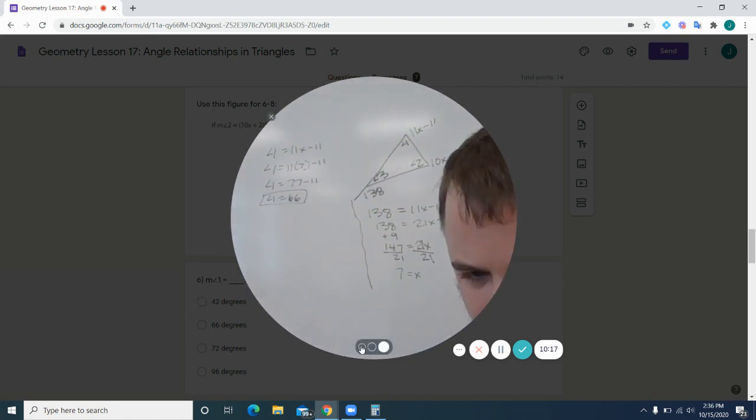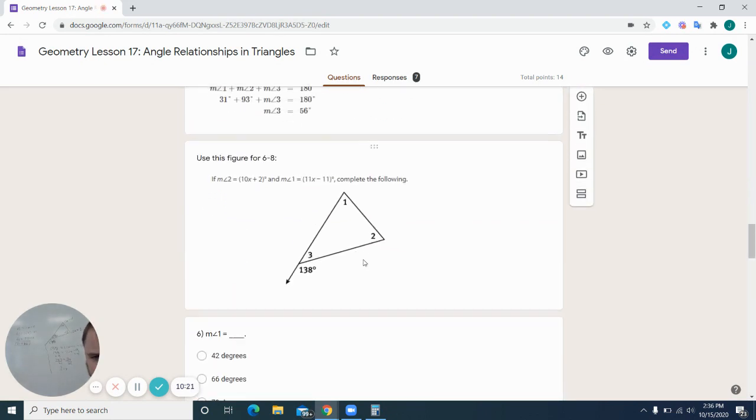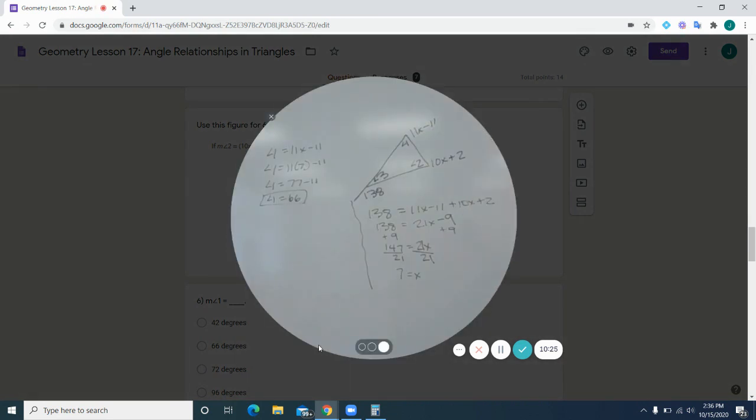And then let's solve, what do we have next? Angle 2. So let's solve for angle 2. It's going to be the exact same process, except for angle 2, we're going to use 10x plus 2. So angle 2 equals 10 times 7 plus 2.